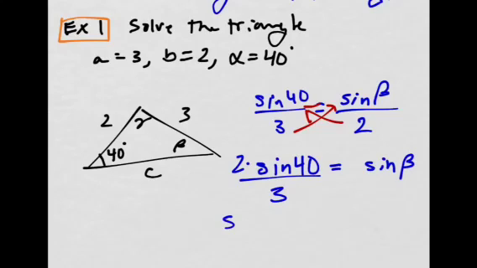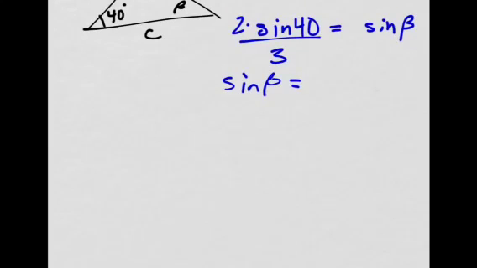Now, I'm going to plug this into the calculator, and the whole reason why we might get two sets of answers is because we're using the inverse trig function. So here I would have sine of beta equals, well, I'll plug it into the calculator. If I plug all of this into the calculator, I get 0.428525073124336. And I'm not going to write it all down.